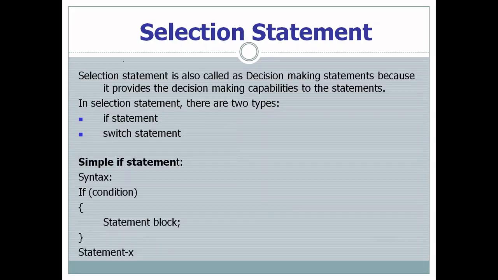The selection statement is also called a decision making statement because it provides decision making capabilities to the statements. In Java we have two different kinds of decision making statements. These are the if statement and the switch statement.